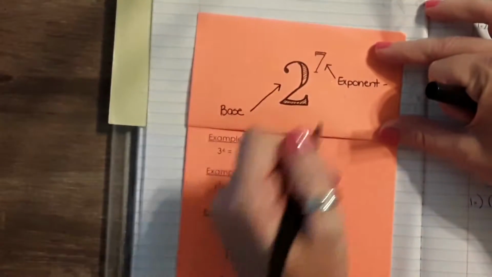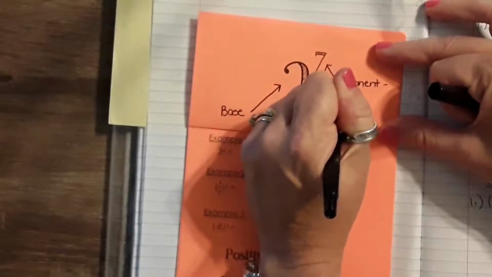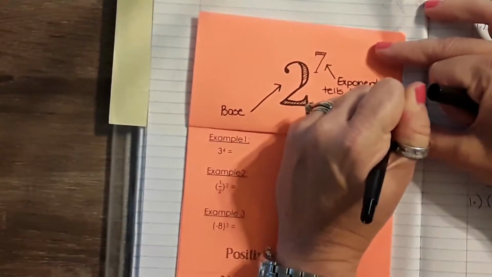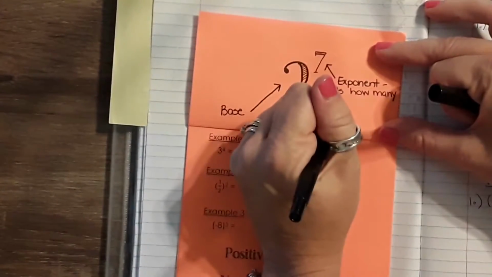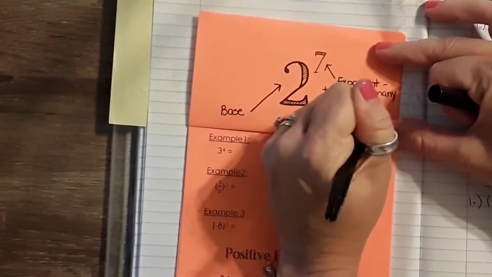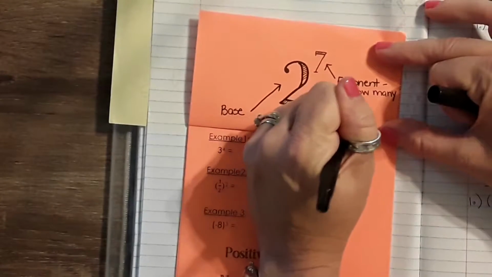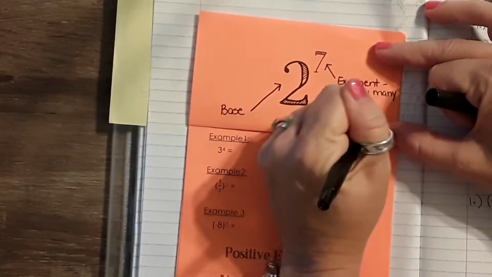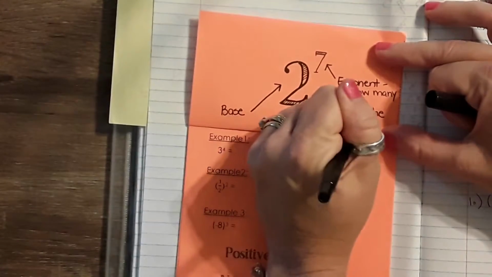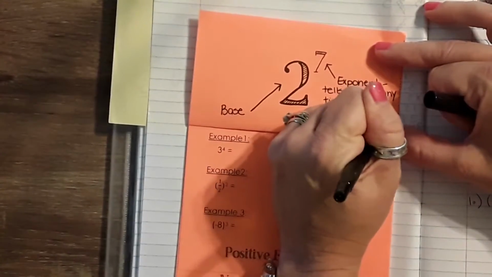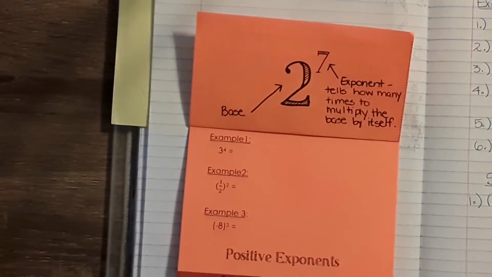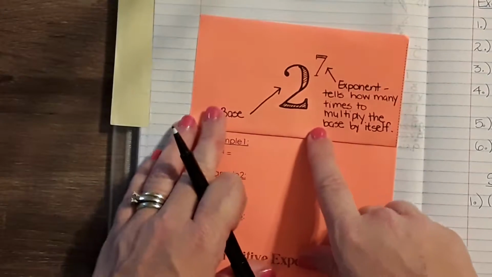And the exponent tells how many times to multiply the base by itself. Okay, so let's start out by looking at some examples that we have on our foldable.